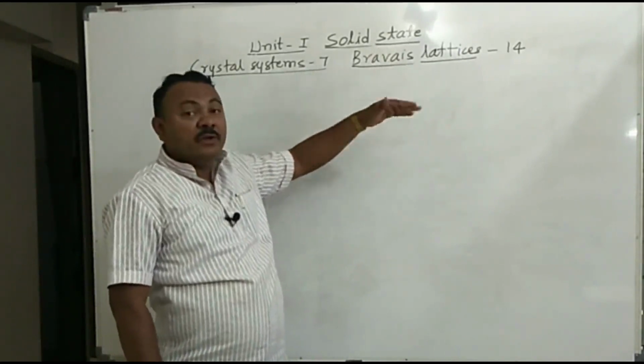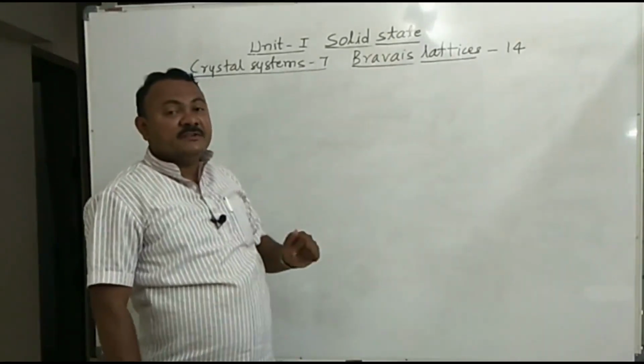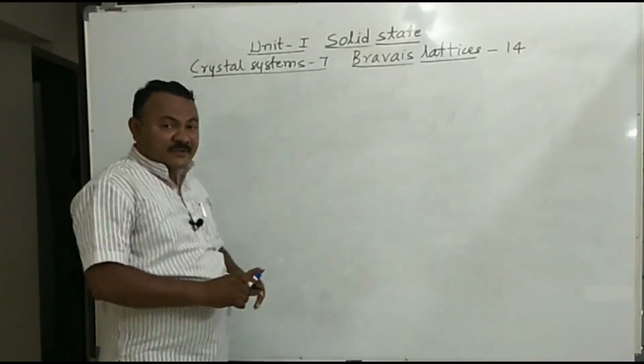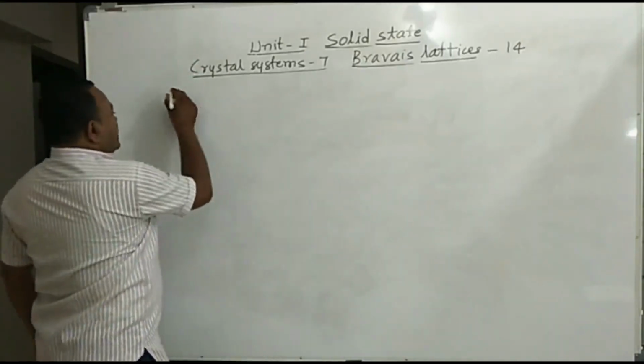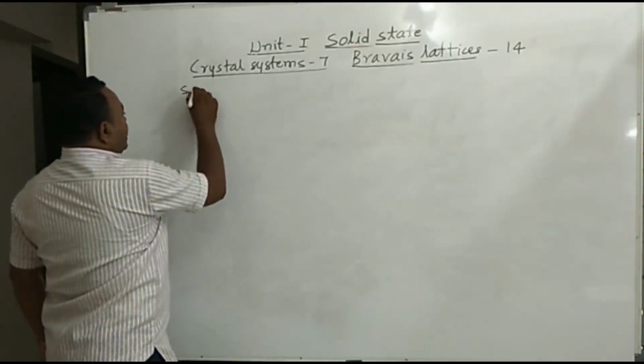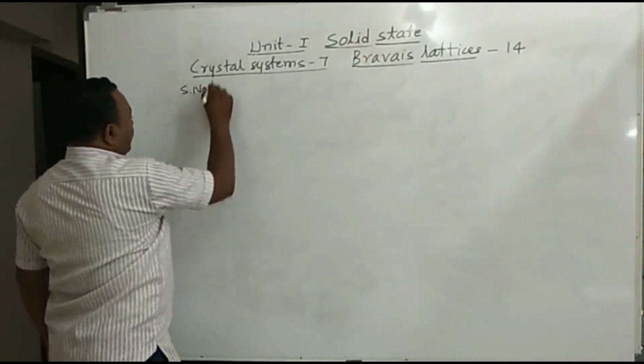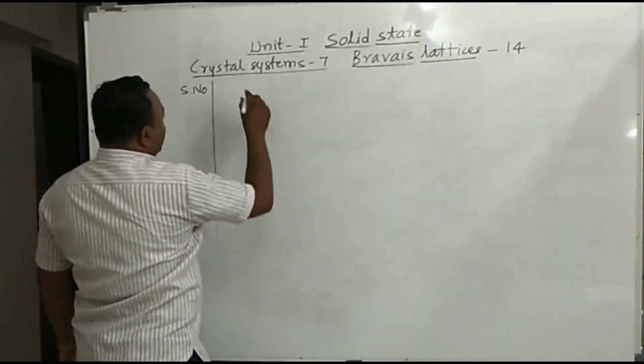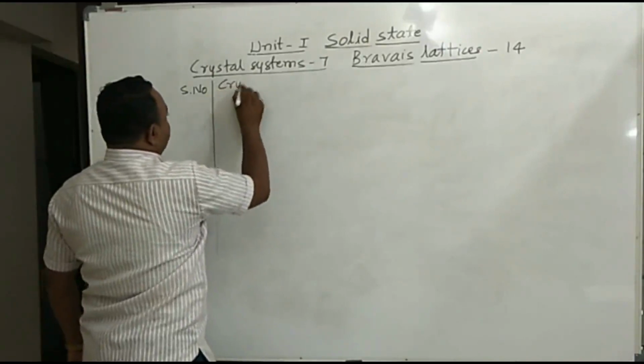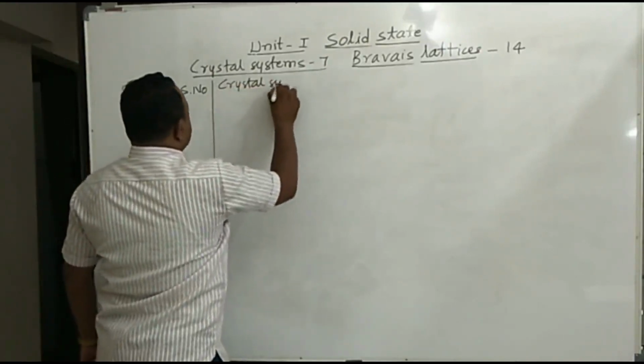You understand, now we see a table which is going to explain the 7 crystal systems. So let us make some columns. First one, for the serial number. Second column is for the name of the crystal system.